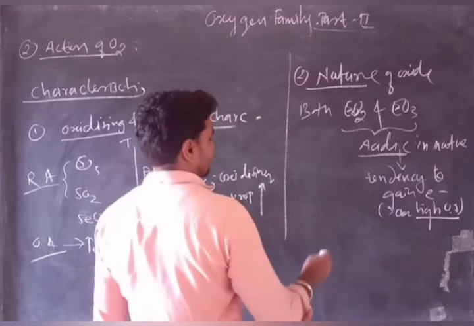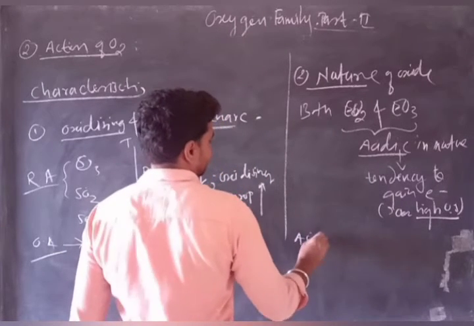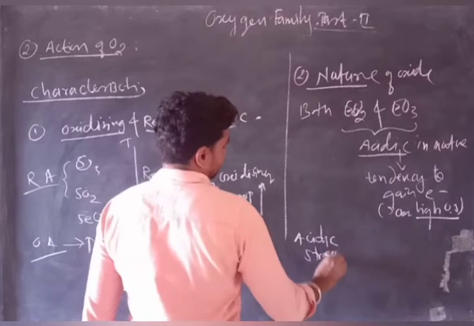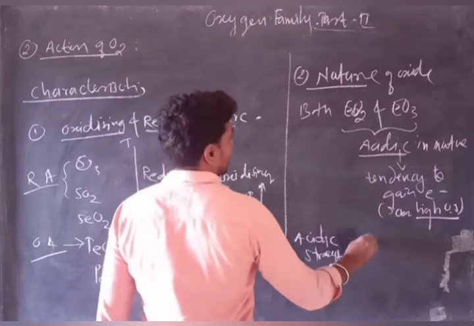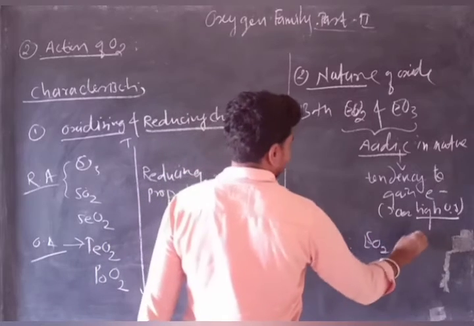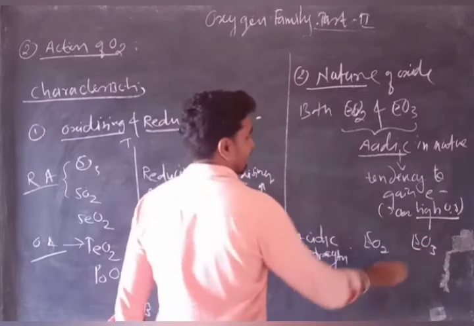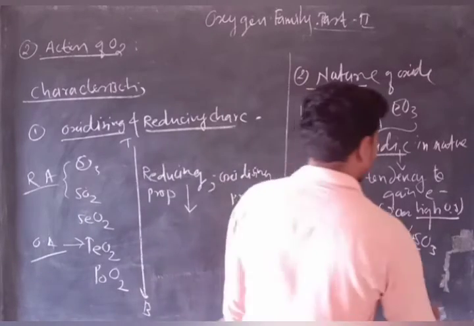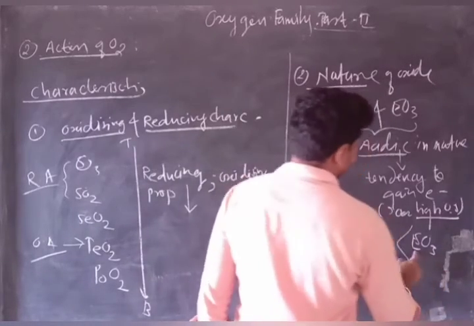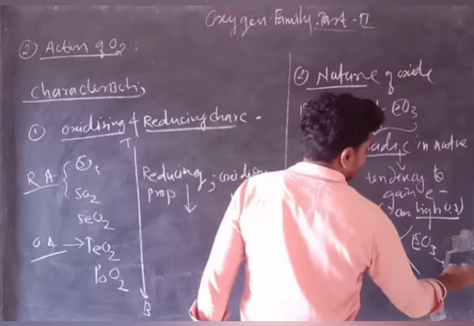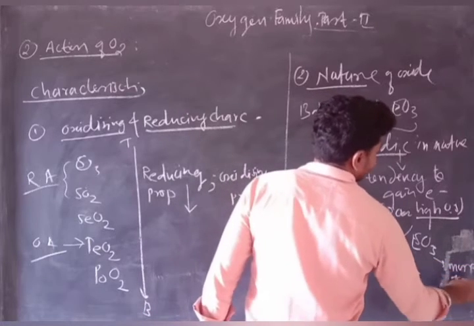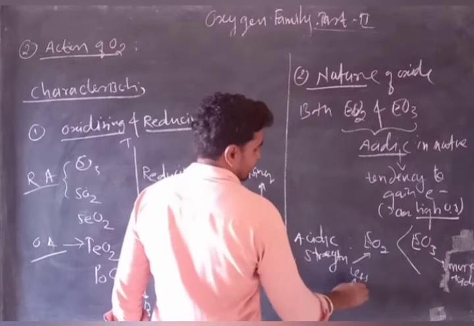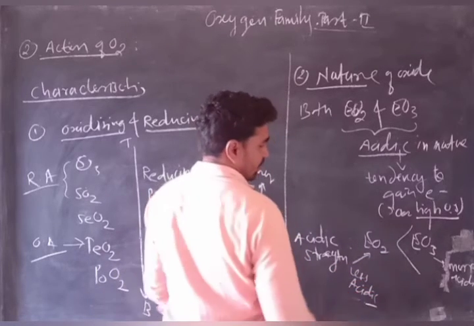But when we compare the acidic strength between dioxide and trioxide, the trioxides are more acidic. Remember these words: the trioxides are more acidic, and here EO2, they are less acidic.